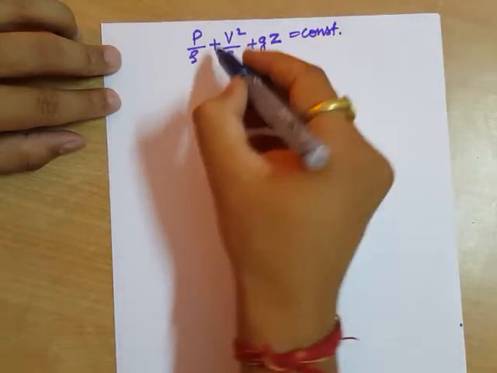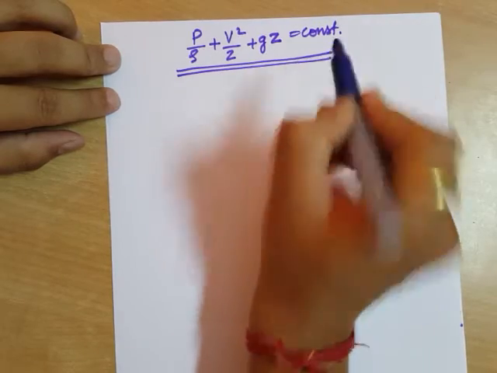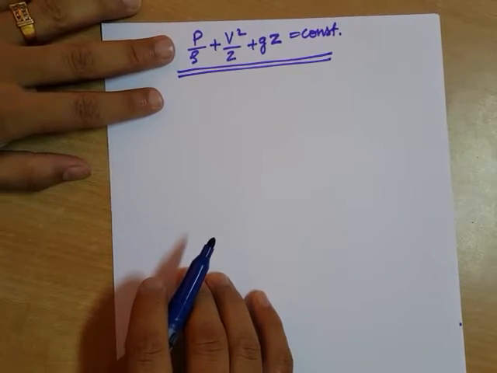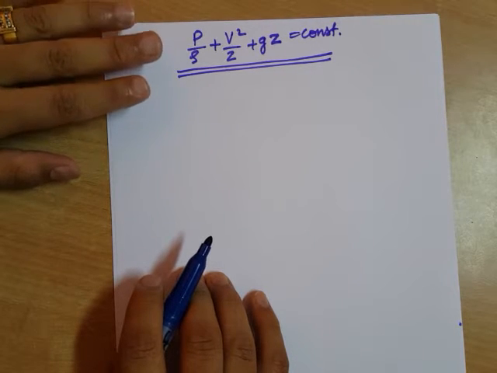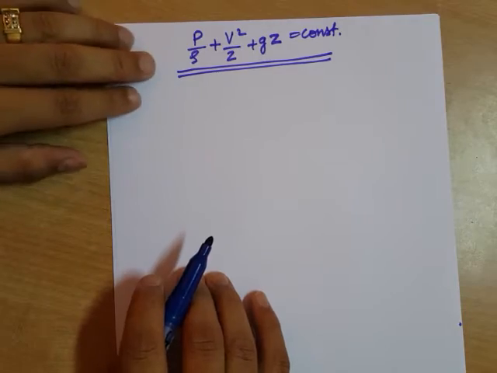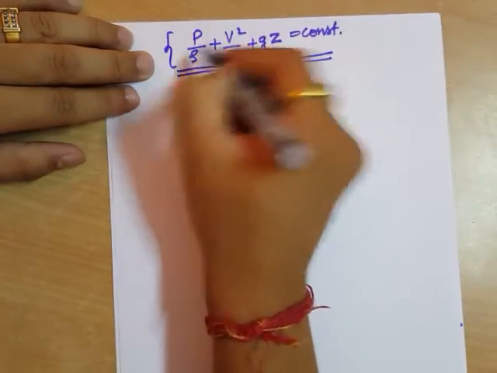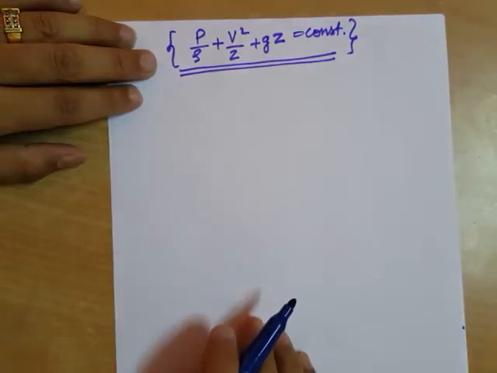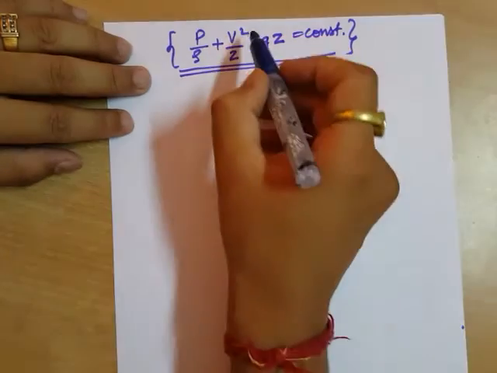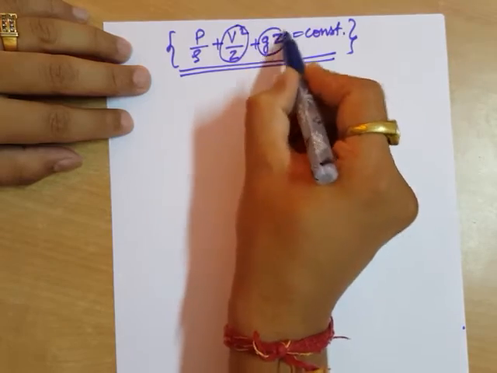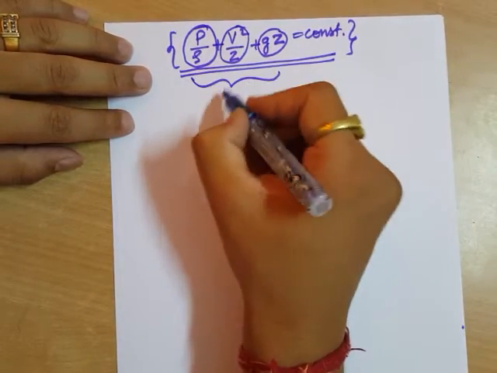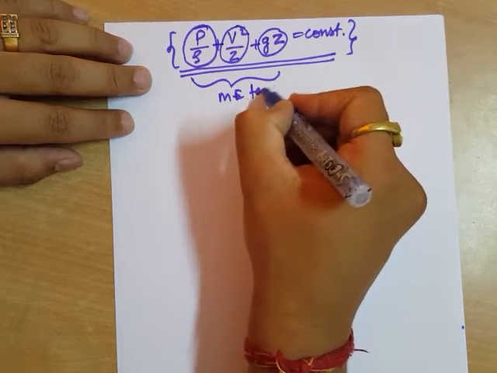You all know this as Bernoulli's equation. This is a very well-known equation, given by Daniel Bernoulli, I think, a friend of Leonhard Euler. Now look at this equation. Here this is kinetic energy, this is potential energy, and this is pressure energy. All are mechanical energy terms.